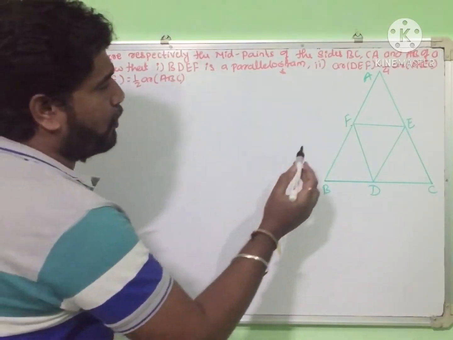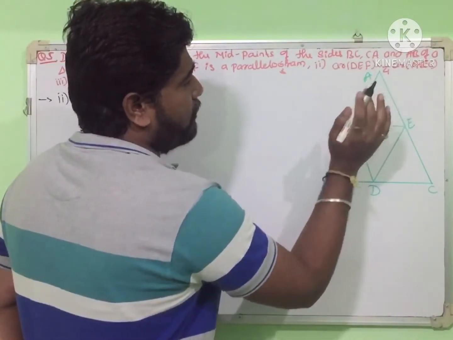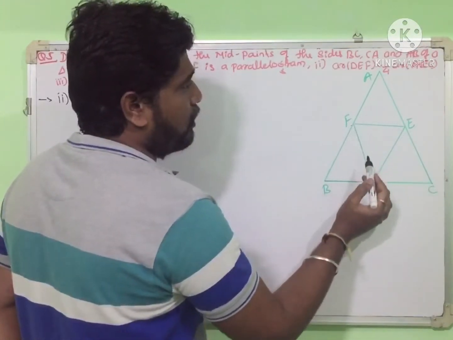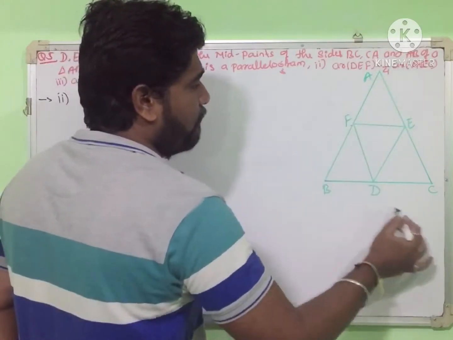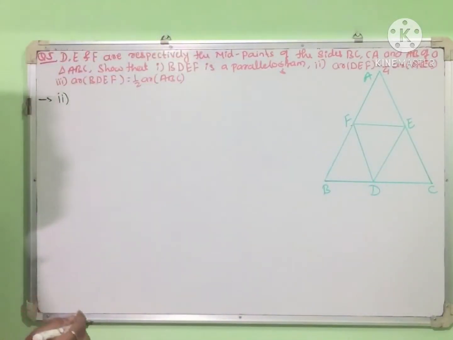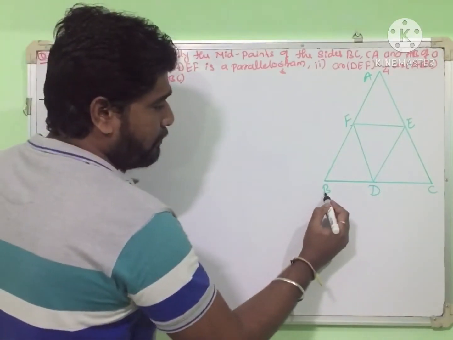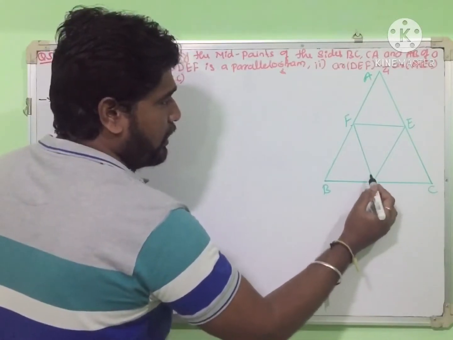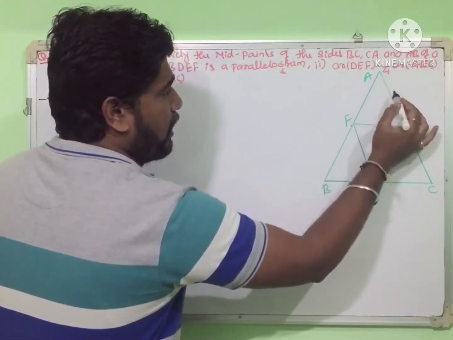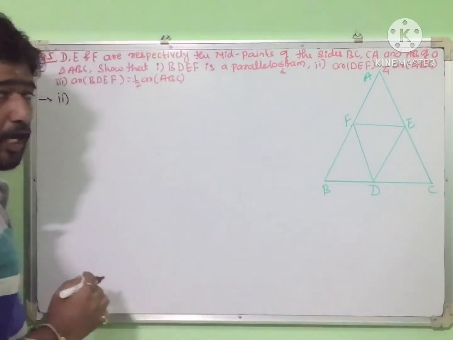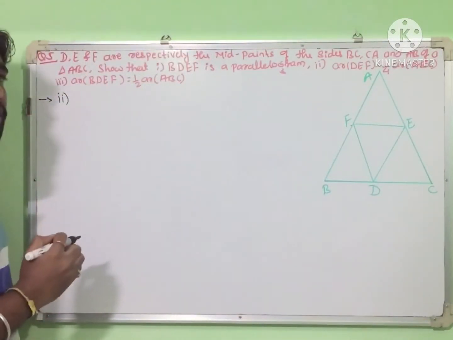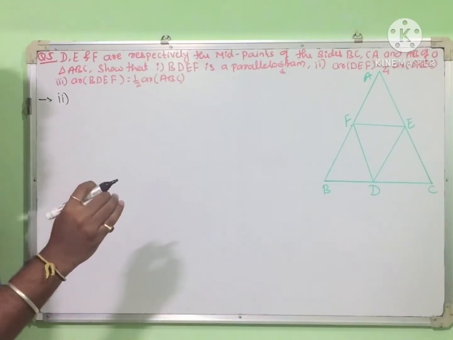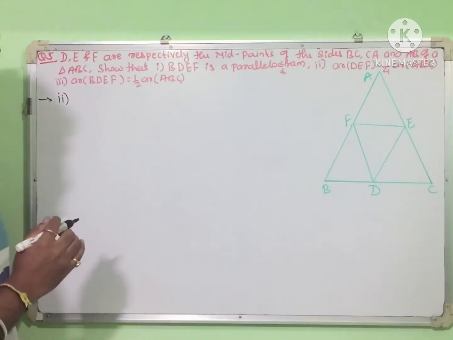Second one, we have to prove here area of DEF is equal to 1 by 4 area of ABC. Right? So already we proved here BDEF, CDFE and AEDF are parallelograms, right? And we know that the diagonal of a parallelogram divides it into two triangles of equal areas, right?